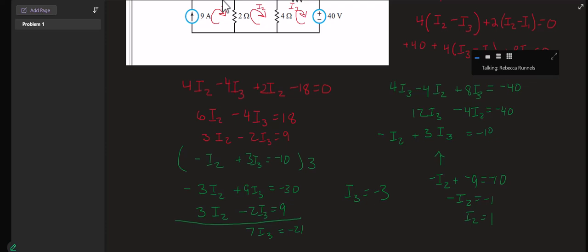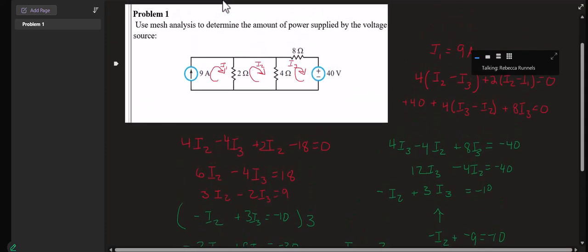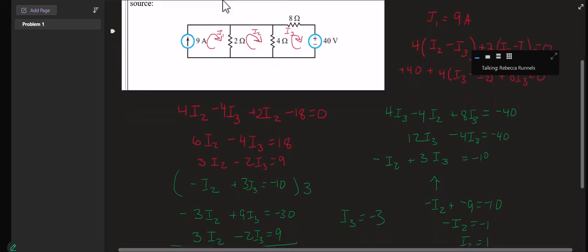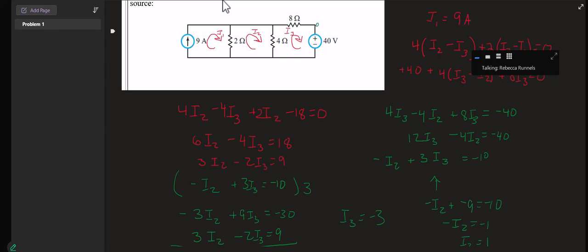Okay, and let's see what the question is asking. Determine the amount of power supplied by the voltage source. So now I want to look at the voltage source. And I know that power equals IV. Now, what current do I know? I know I3, and I3 is going in this direction.